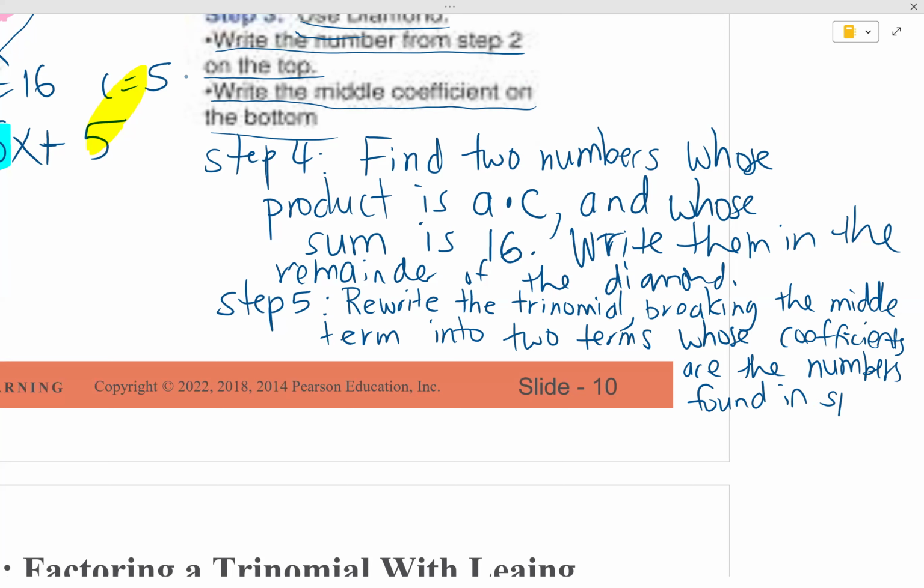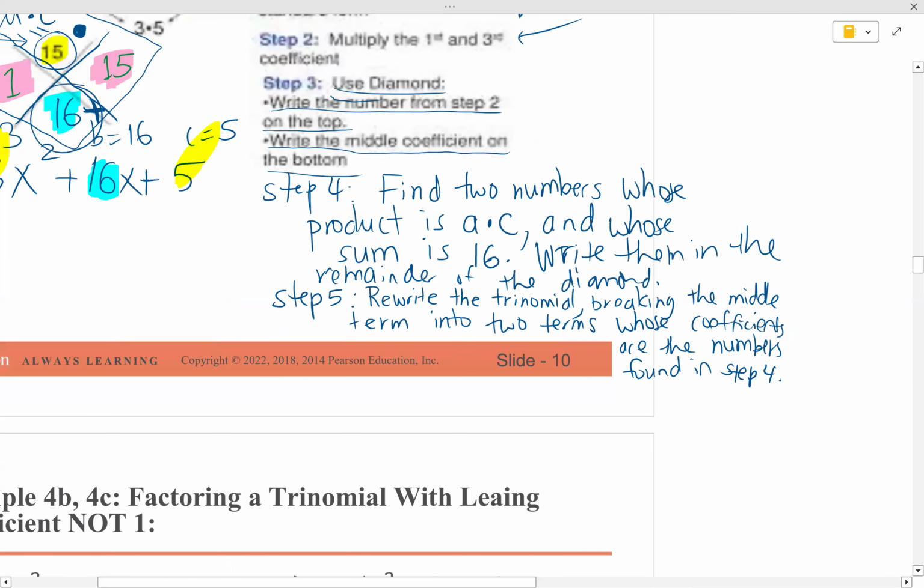Yeah, step 4. That sounds crazy. I think it's not hard to do in math. It's hard to write that.